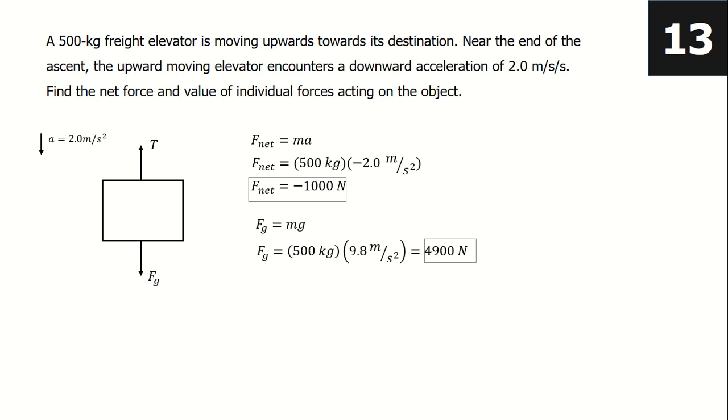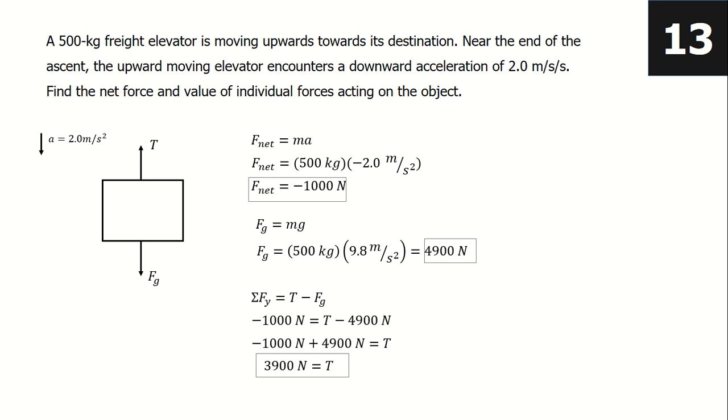So you would expect that the weight will be greater than the tension for the object to accelerate downwards, no? Since that will lead to an unbalanced force directed to the south or downwards. So if I sum my forces along the y, my tension is positive and my weight or gravitational force is negative.